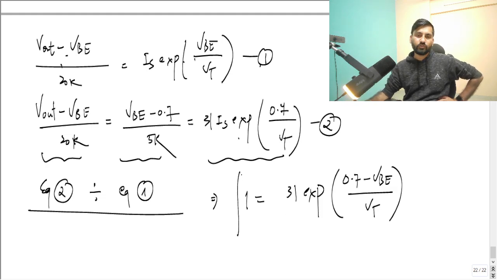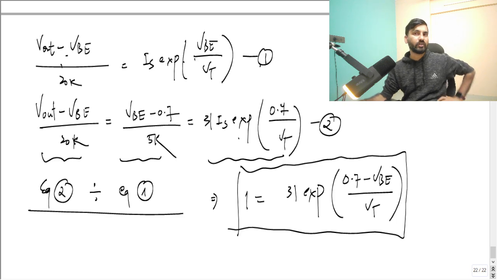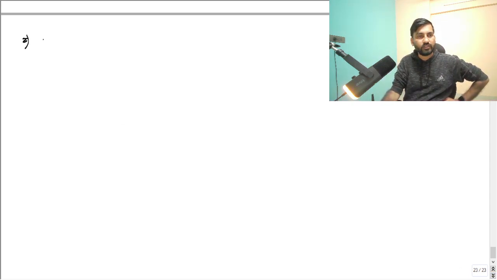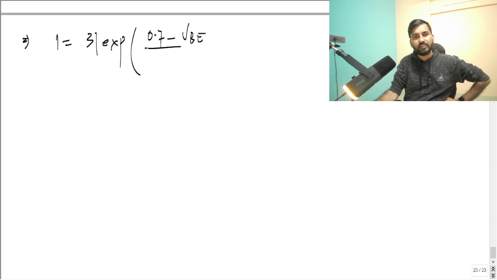So you got this equation, right? From here you have to just find VBE, because VB is not known, VT is known. VT is 26 millivolt. So let me write this equation here. 1 is equal to 31 exponential, 0.7 minus VBE by VT.